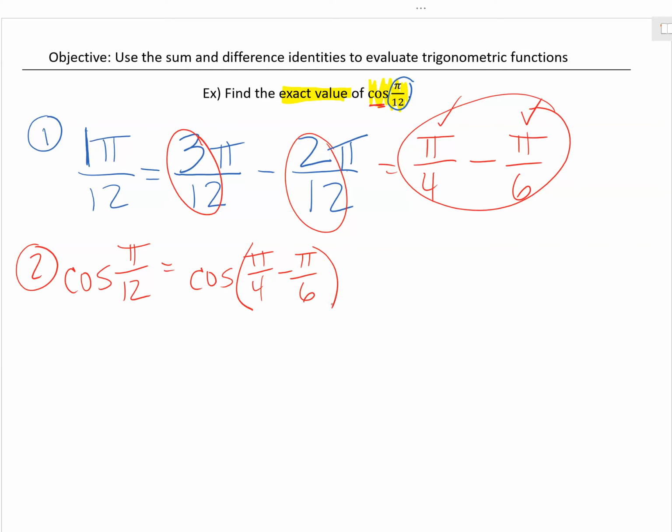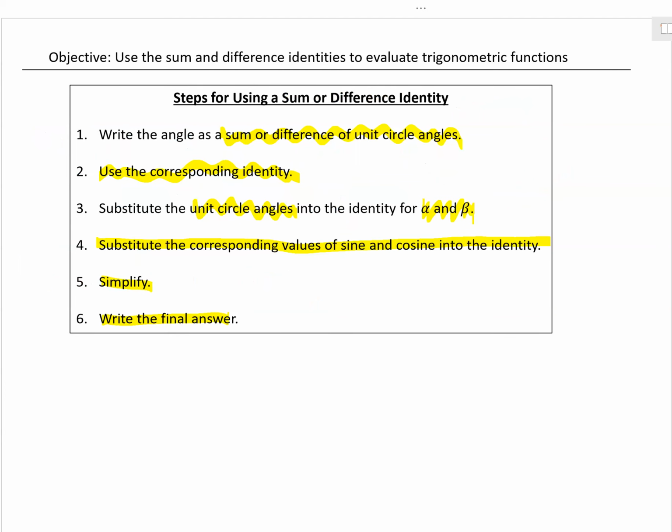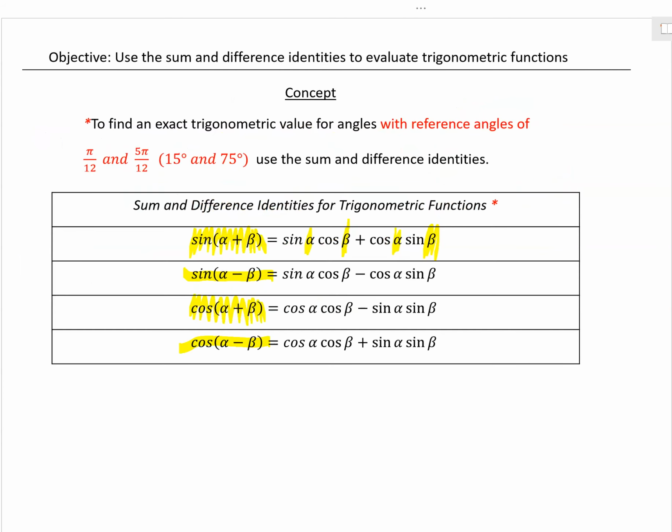So now I need my identity for cosine of a difference, because I'm doing a subtraction here. So going to our identities, cosine of a difference would be this one. Now I want to point out a couple of patterns that make it possible to memorize these, if you had to memorize them.